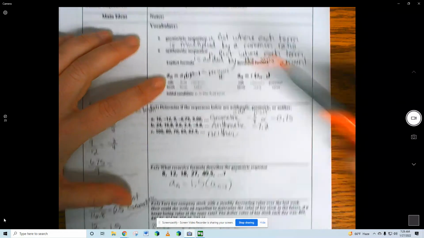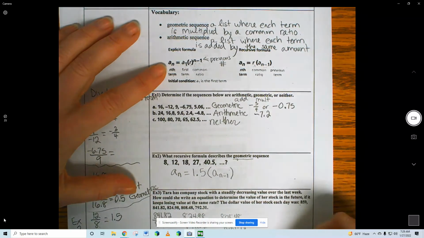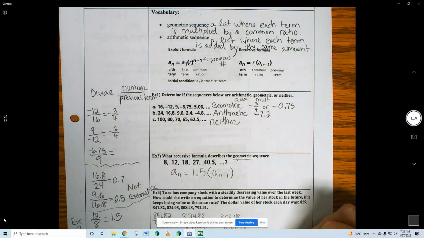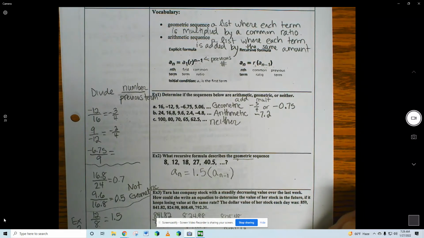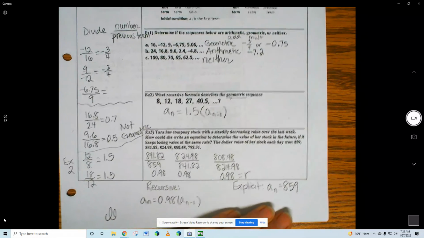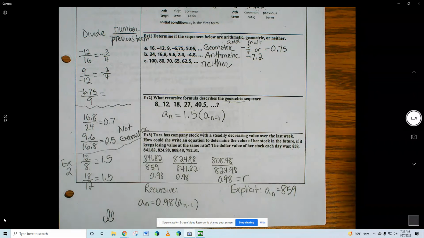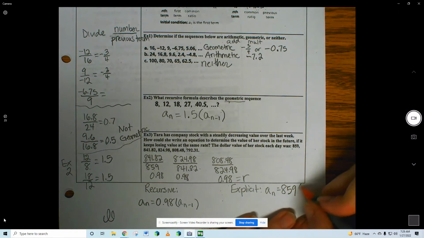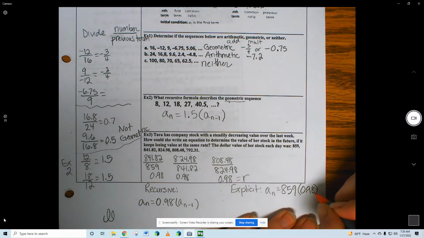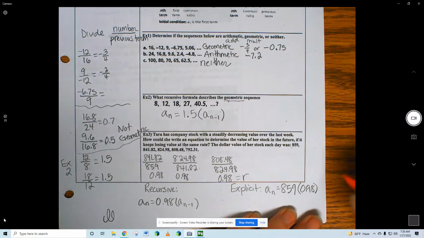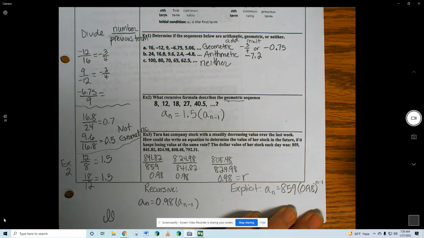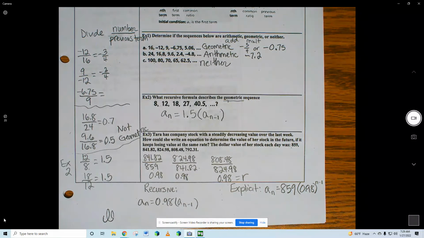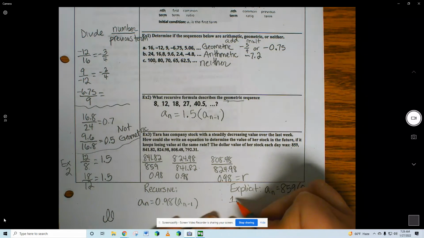So the first term is 859. A sub n equals 859 times the common ratio, 0.98, raised to the power of n minus 1. So in explicit, I have to do the first term. Recursive, I don't.